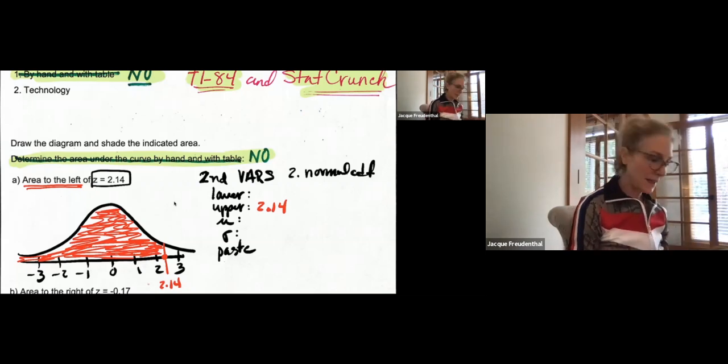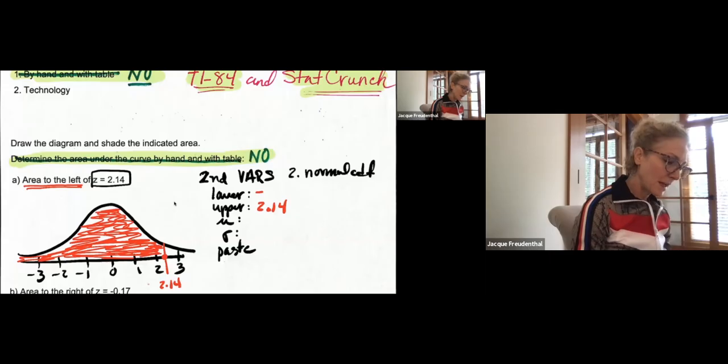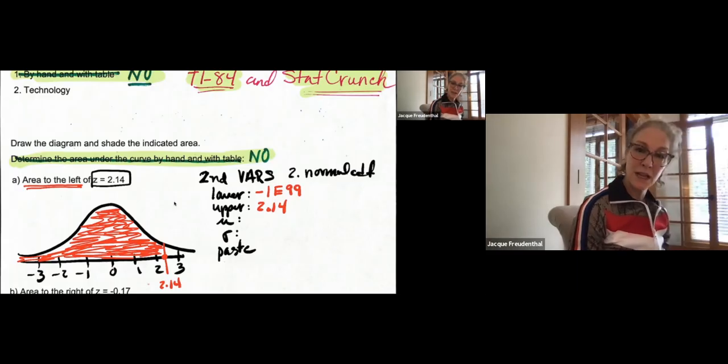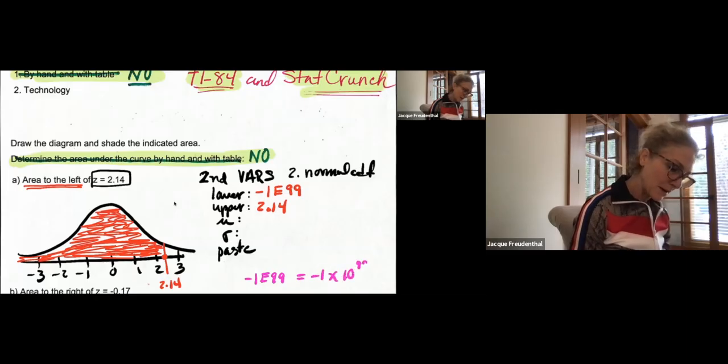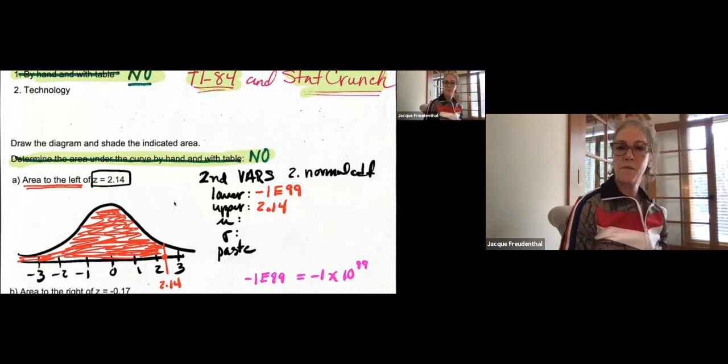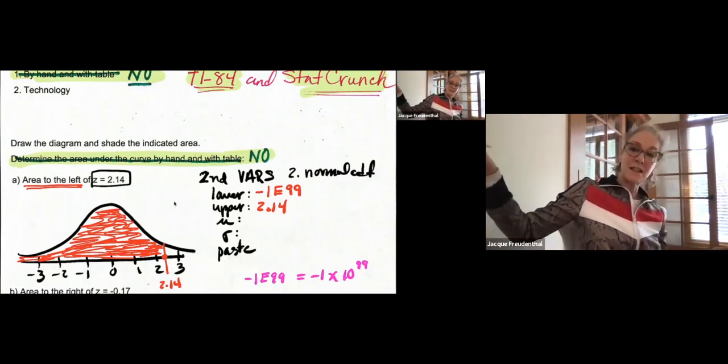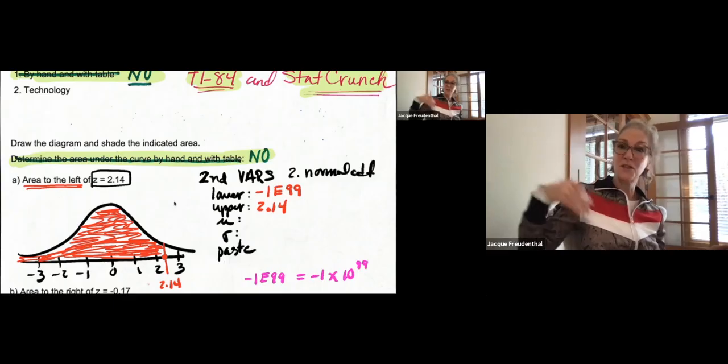So the way I tell the calculator a really small number is I do -1E99. This is like scientific notation. Remember we learned that on our calculator. -1E99 really means -1 times 10 to the 99th power. So this is really -1 times 10 with 99 zeros behind it. That's a super small number.